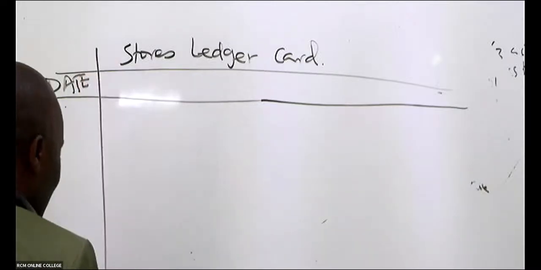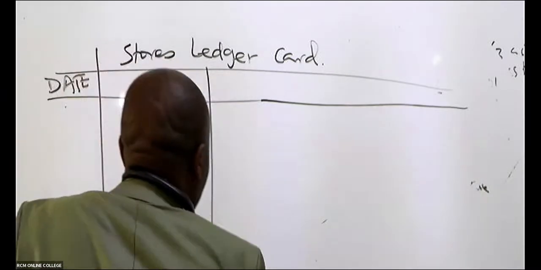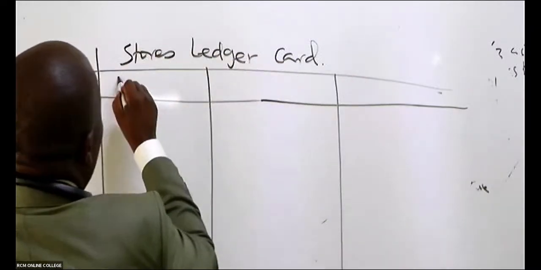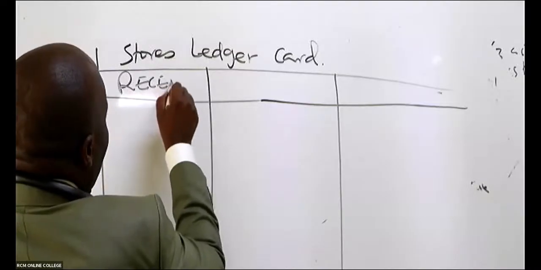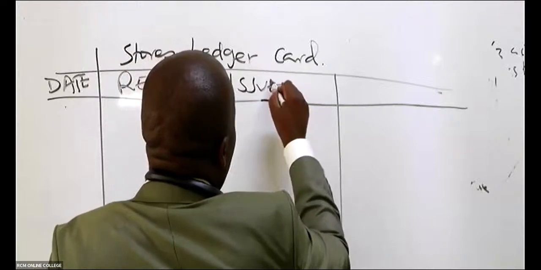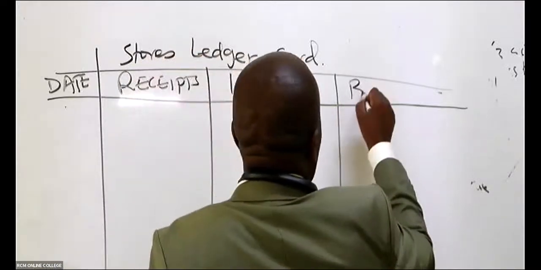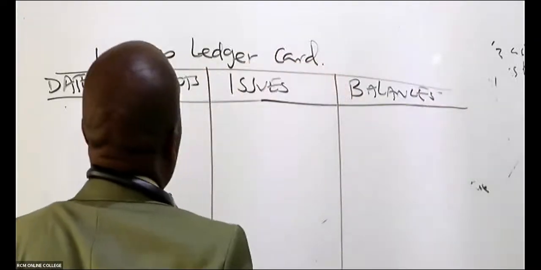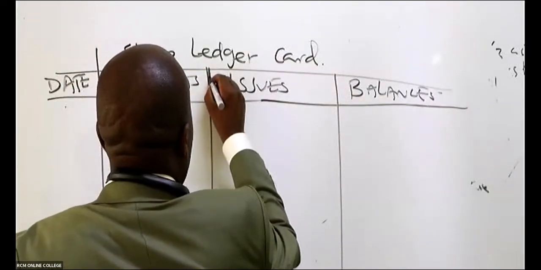Then we shall have 3 columns. The first column will be for receipts, then we have issues, and then we have balances. I'll teach you a very good method. These ones here should always be double lines.